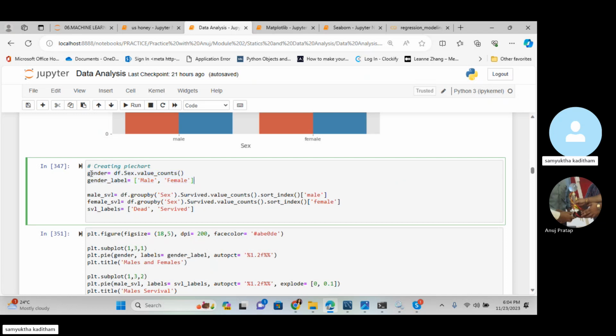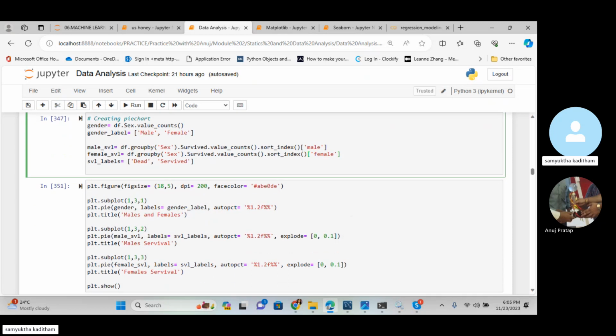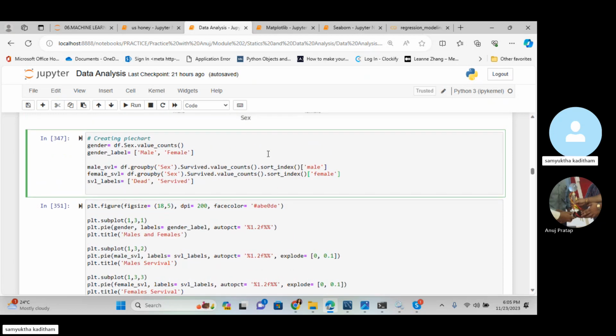We took the values of genders, then male survived and not survived, and in female survived and not survived. We calculated, then we gave the labels.